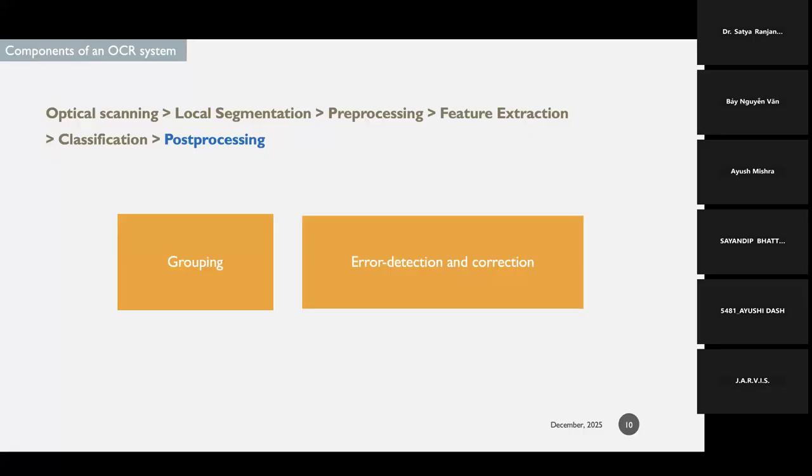The real problem occurs for handwritten characters or when the text is coded. Okay, so how about error detection and correction? Up until the grouping, each character has been treated separately. The context in which each character appears has usually not been exploited.